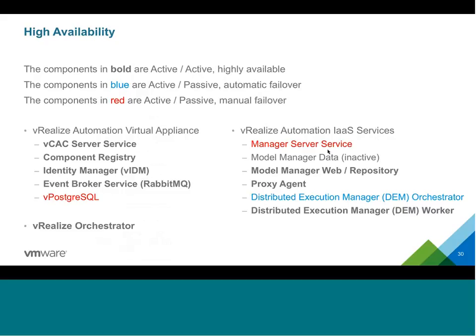DEM orchestrator is active-passive, but it does an automatic failover. So if there are multiple DEM orchestrators, say 2 or 3, and one goes down, the other will do an automatic failover. But at any point of time, only a single DEM orchestrator is active, right? And workers are always active.